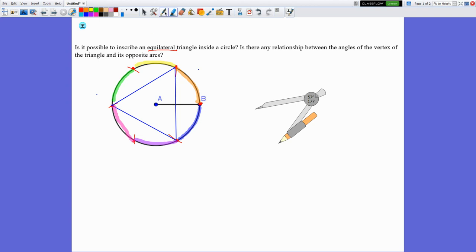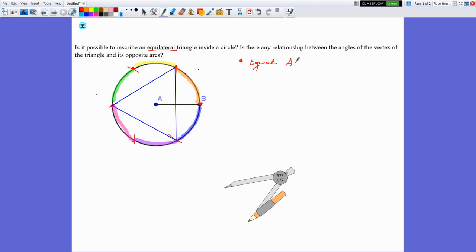So we have created 6 equal parts. We have 6 arcs, and they're all the same measurement since we used the same measurement. So we know that we have 6 equal arcs. Now, what is the measurement of each arc?